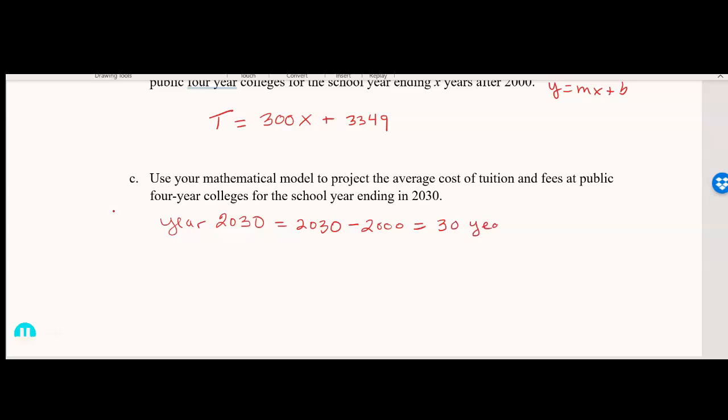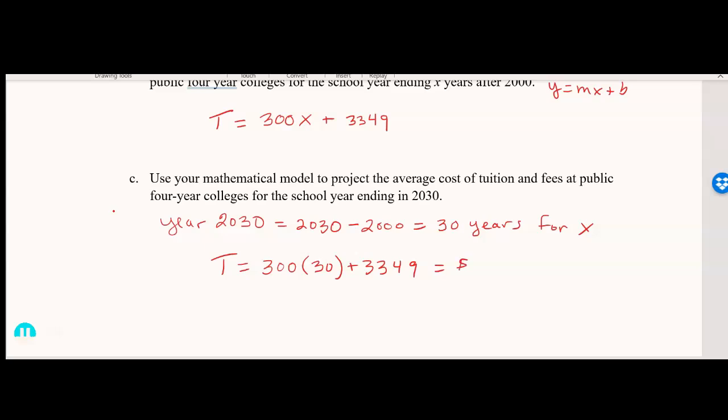Okay, we're talking about 30 years then. So the year 2030 would represent 30 years for X. Now we plug it in. T equals 300 times 30, that's your X now, plus the 3,349.